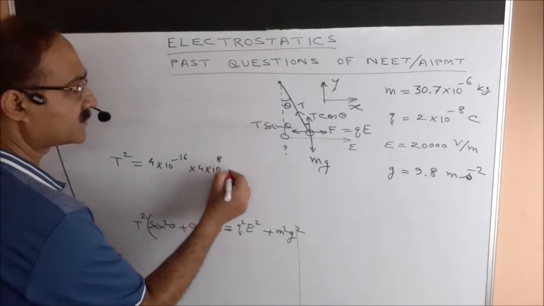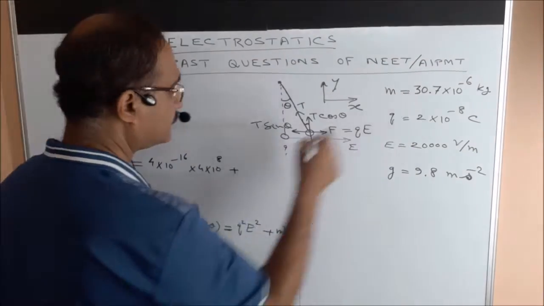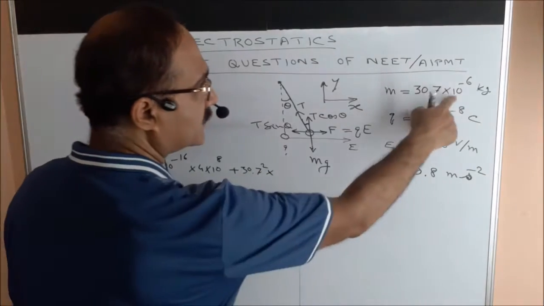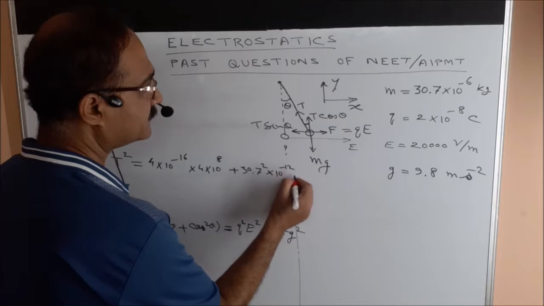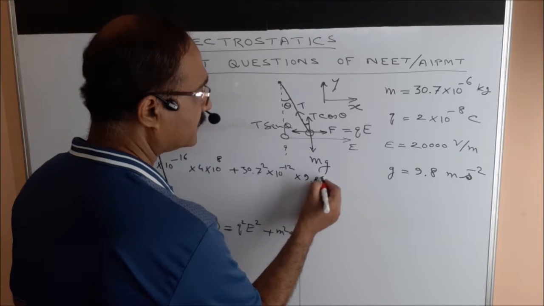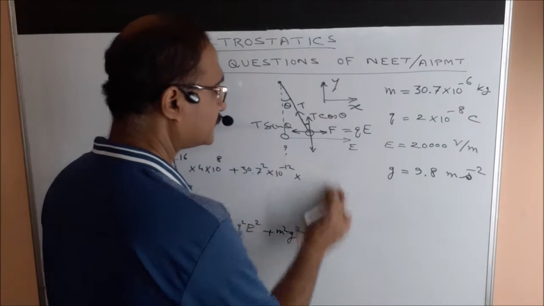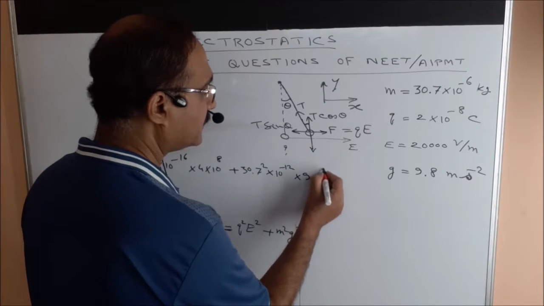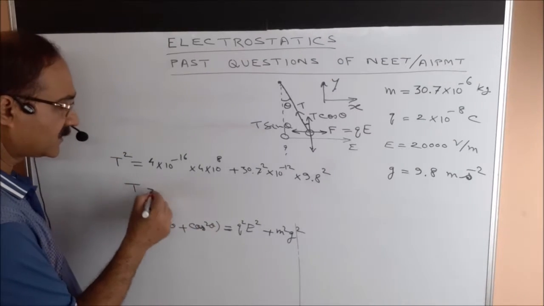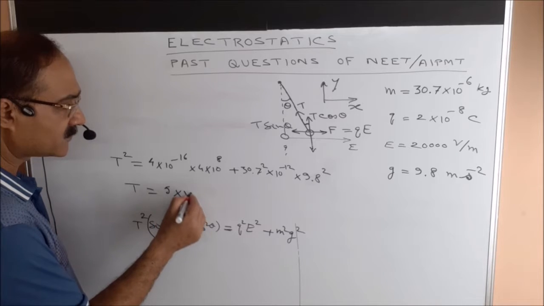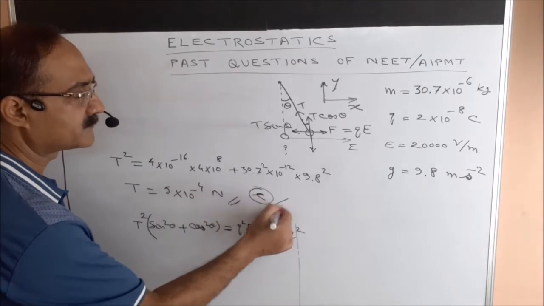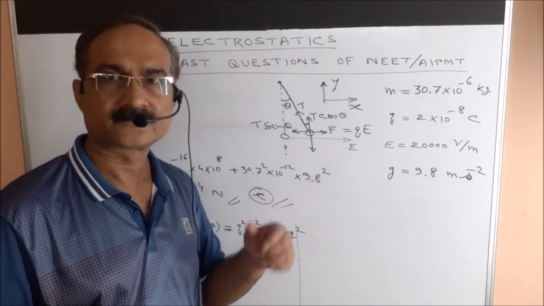So that will be 8 plus m square, so 30.7 square into 10 to the power minus 12 into g square 9.8 square. So this will be 9.8 square. Now if you do the calculations, T will come out to be 5 into 10 to the power minus 4 Newton, which is option C. Clear?